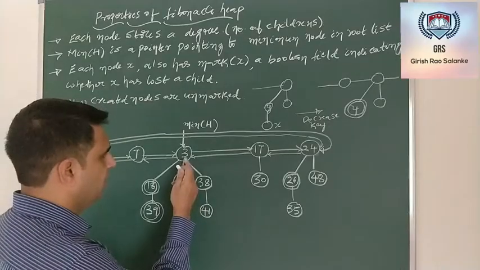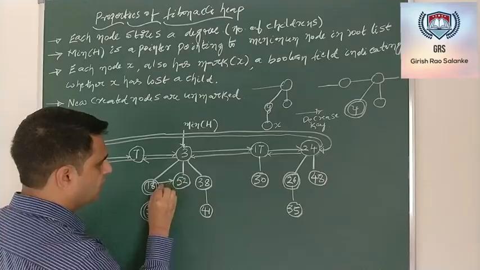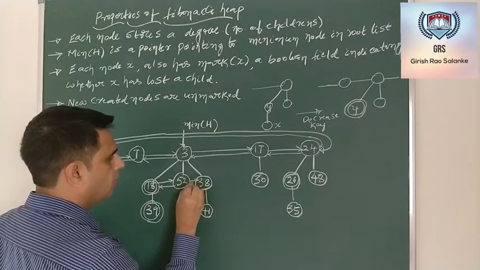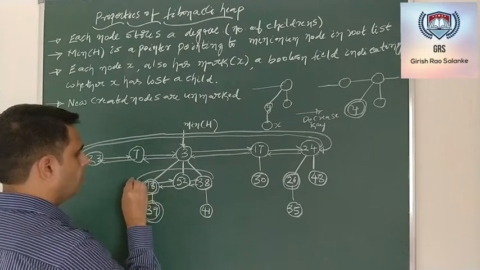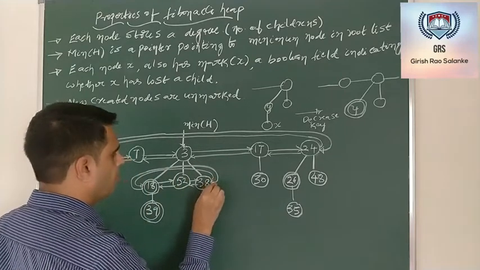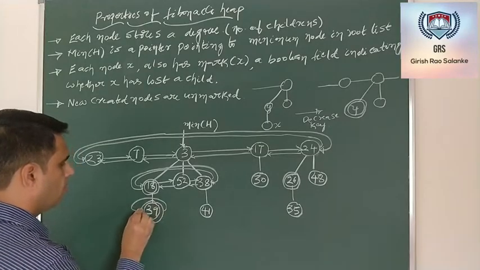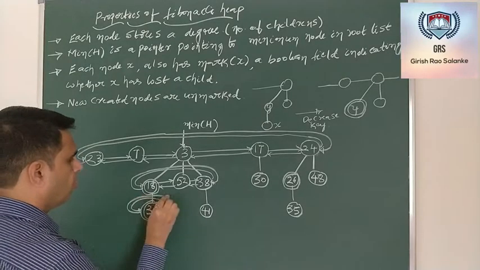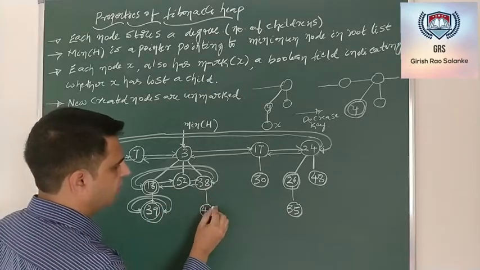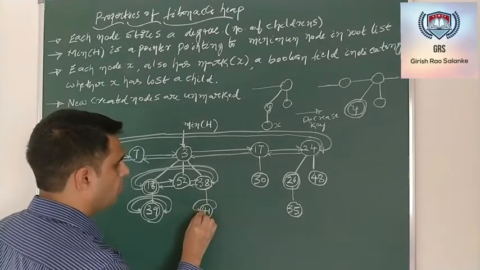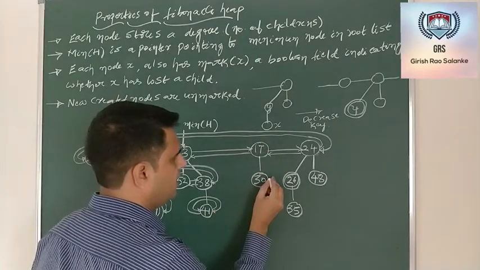Now this applies even to the other levels also. If you see, node 3 has 3 children, so these 3 children will be connected together. Node 18 has only one child. Node 52 does not have any child. 38 has one child. Node 17 has one child.